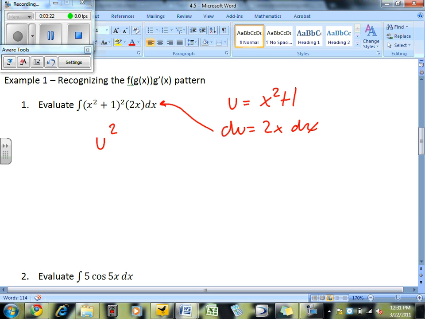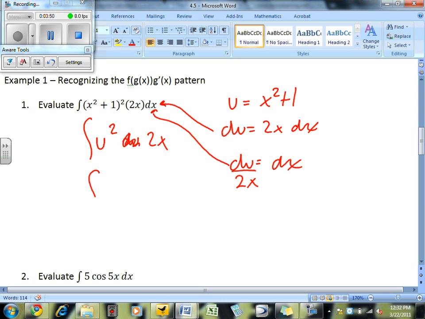Because I changed this to a u, it's now u squared times 2x, and we're still taking the integral. I want to substitute this dx and make it a du, because we want to take the integral with respect to u. So let's solve for dx. I get du over 2x equals dx. I'm going to substitute this in for my dx, because that's what dx equals.